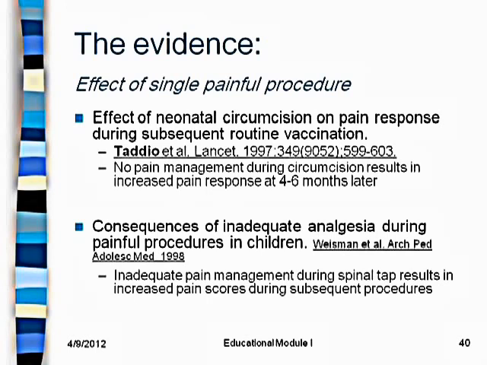More importantly, during the subsequent spinal taps, the patients who received fentanyl lollipop continued to report lower pain scores. The conclusion was that children whose pain is not adequately treated during initial painful procedure will experience higher pain and stress response during subsequent procedures.